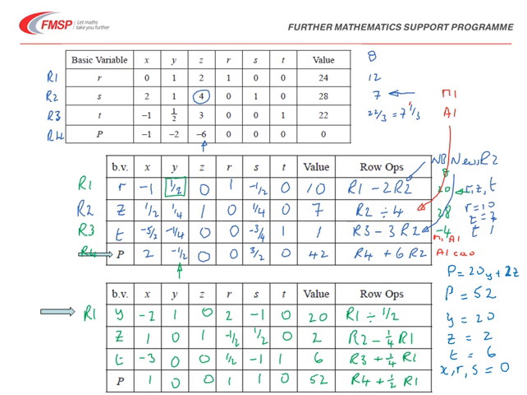In other words, you need to get the full tableau correct to score that second one. The A1, the top here, also, as well as doing the division by 4, you must also have correctly got the basic variables changing.